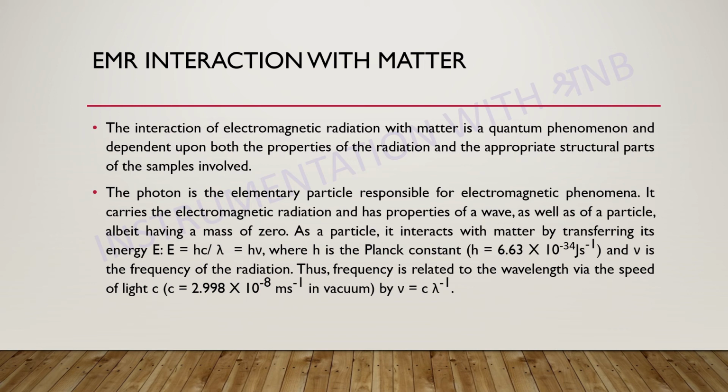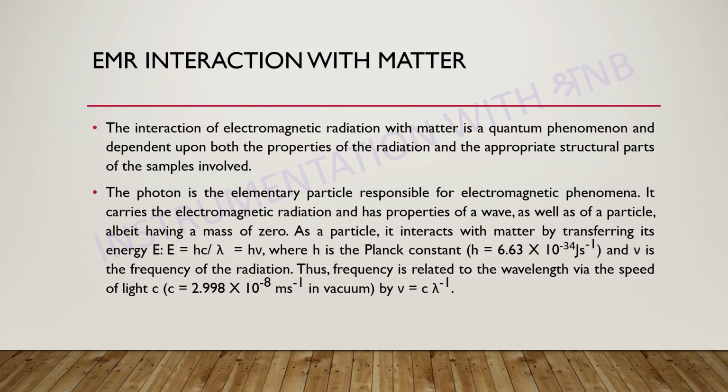You all are familiar with Einstein equation. E is equal to hc over lambda, where h is the Planck constant, that is equal to 6.63 into 10 to the power minus 34 joule second, and lambda, as I have already discussed, is the wavelength.